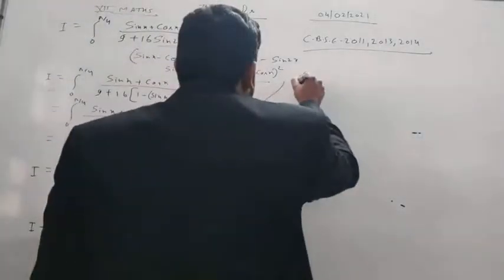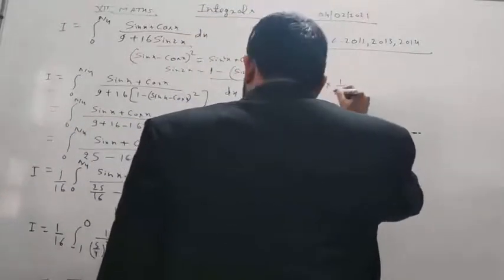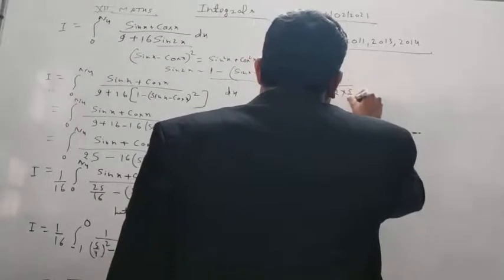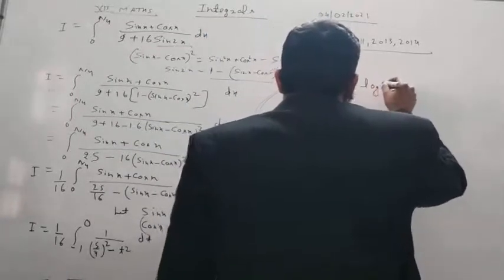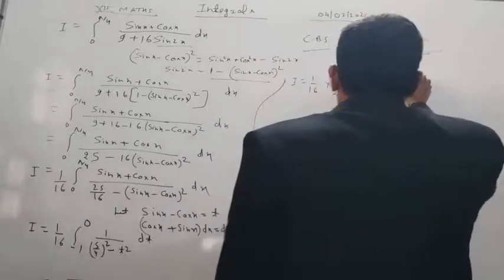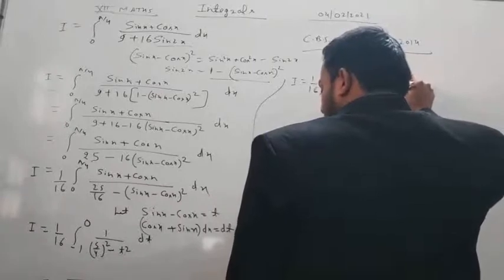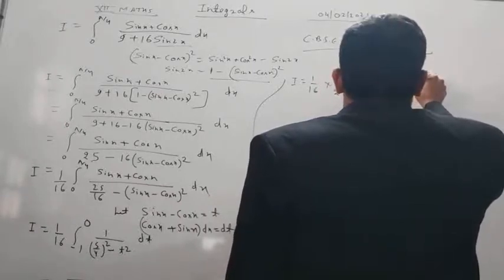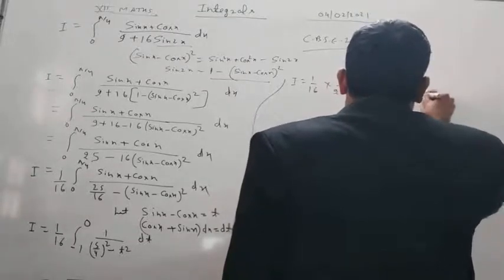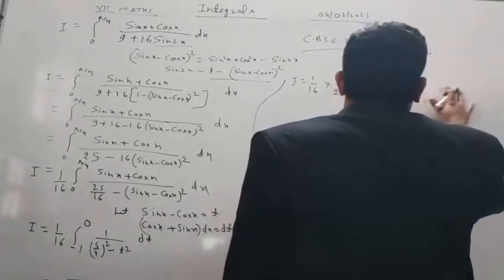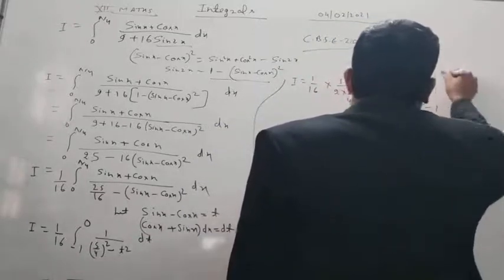So we can write, friends, I is equal to 1 by 16, 1 by 2a, and our a is 5 by 4, and log of a plus x upon a minus x, that is t. Okay students, and its limit is from minus 1 to 0.